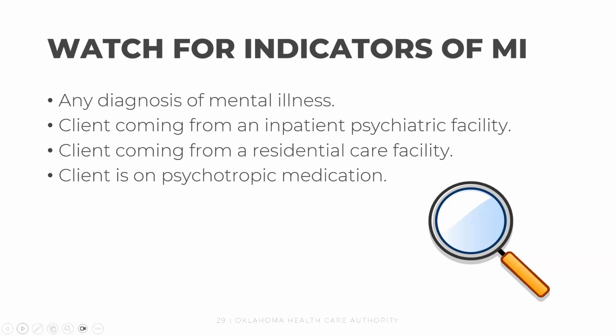It's often given in the evening to help somebody with insomnia. It can also be given to somebody because they have a major mental illness. Let's look at some of the antipsychotics: Haldol, Zyprexa, Remeron.